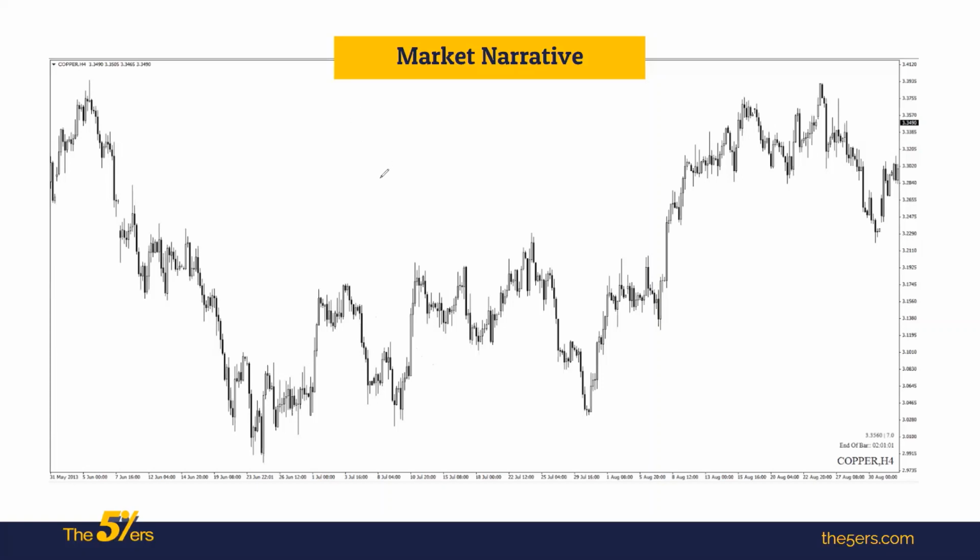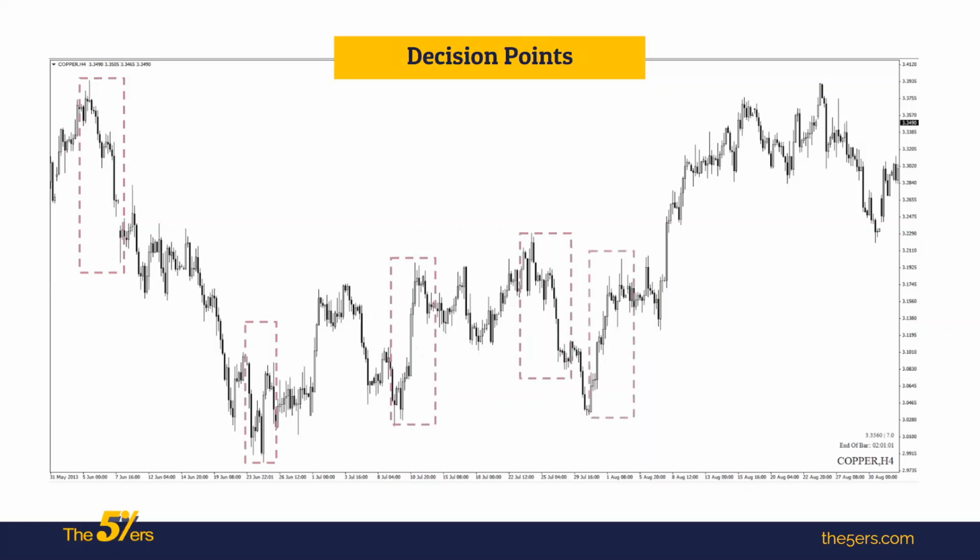Let's just mark these. Okay, so we mark the drops. We mark the rallies and the drops and the rallies and the rally and another tiny drop and a rally and drop. Okay, so very easy, right?